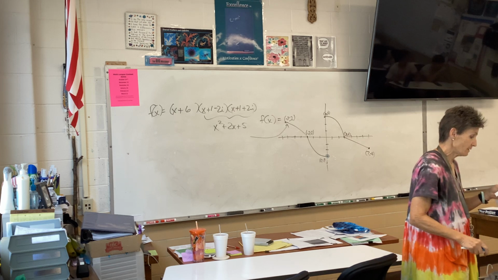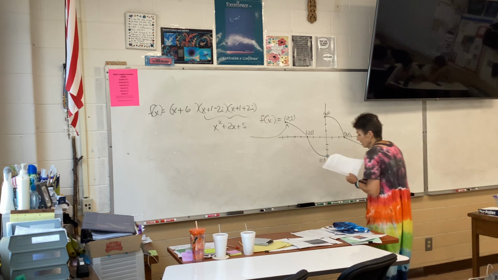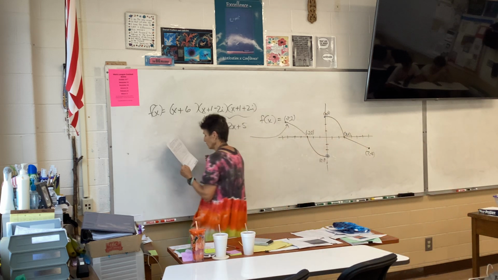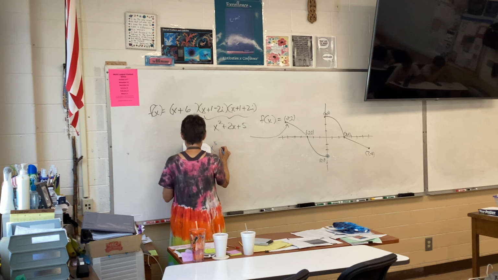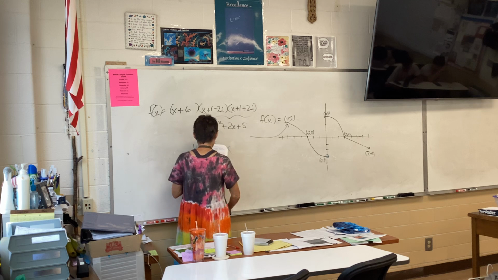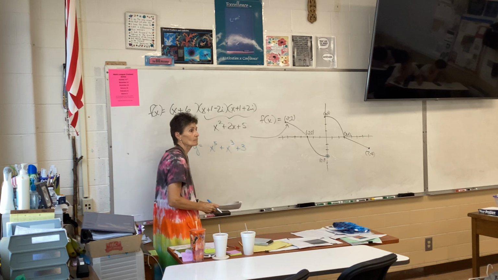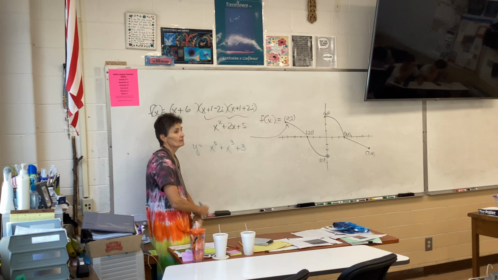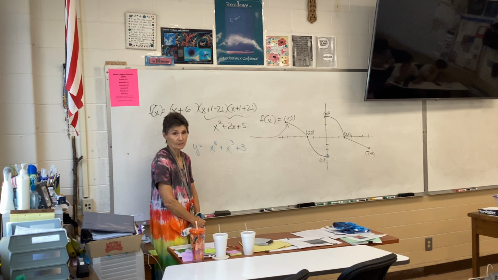Number 3, even, odd, or neither. Prove your answer algebraically. What does our algebraic proof look like? What does it mean to be even? Change the sign on in, and nothing happens to out.